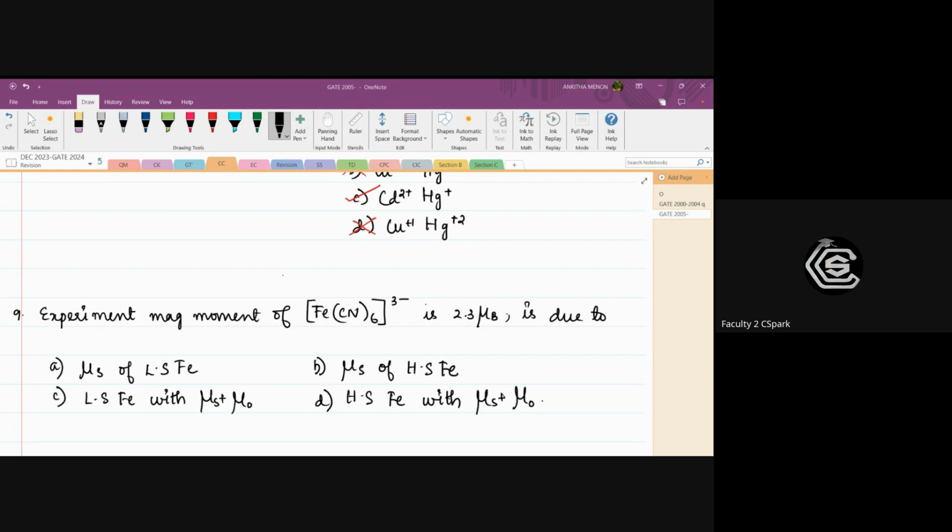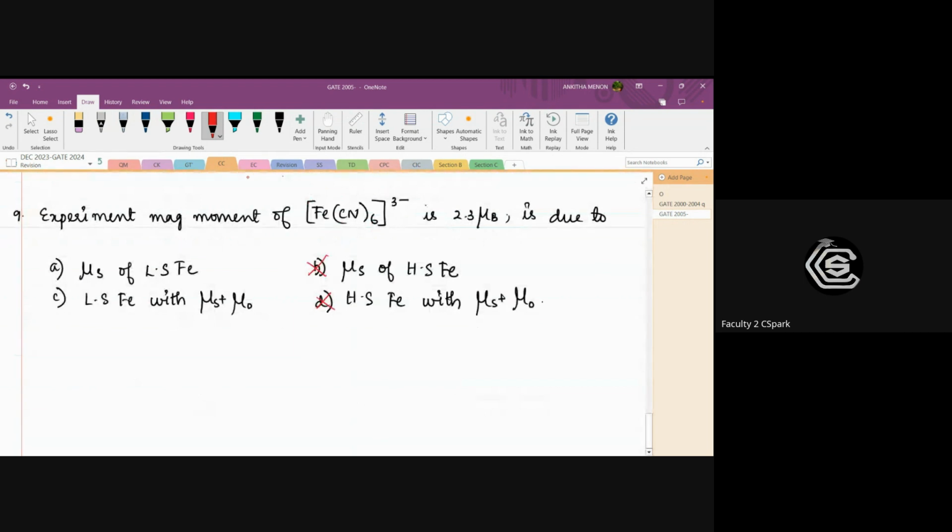Yes, so from this, cyanide is a very strong ligand. Therefore Fe3+ is going to be low spin. It is low spin anyway because cyanide is strong. So it is not option B, it's not option D. When we fill the electrons, we understand that you have 5 electrons to fill. 1, 2, 3 in the lower level, not going up, then 4, 5.